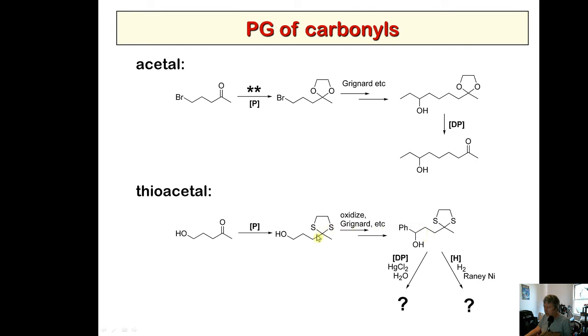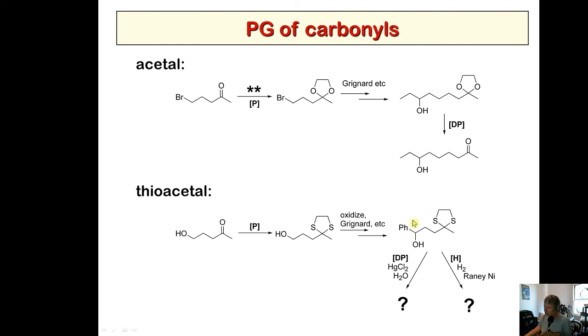In order to do this reaction, you would need to oxidize and do a Grignard, because we're adding a 3-carbon piece right here. And in order to do this, what you would need to do is oxidize this to an aldehyde, right? Because where's the squiggly line here? It's right there. There's a squiggly line, right?